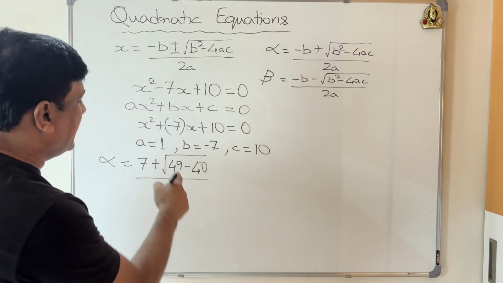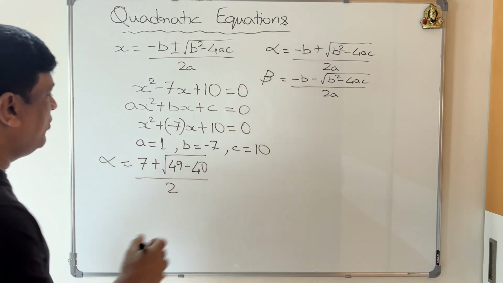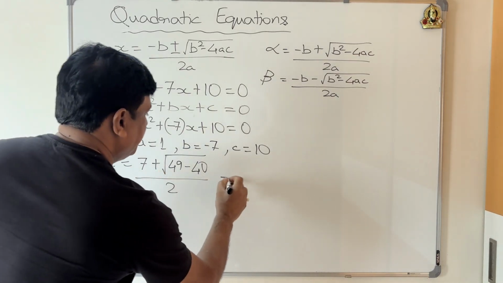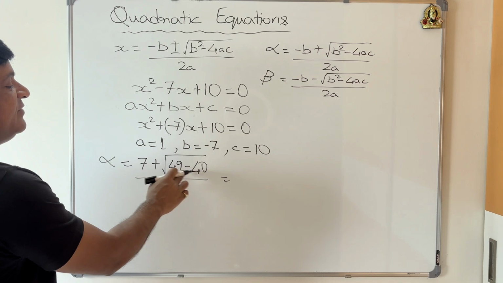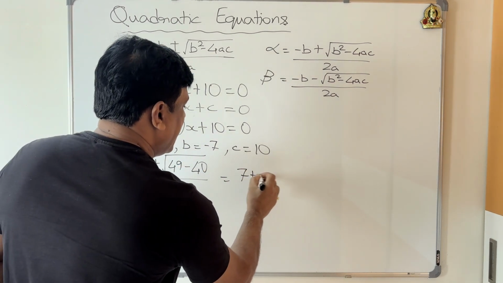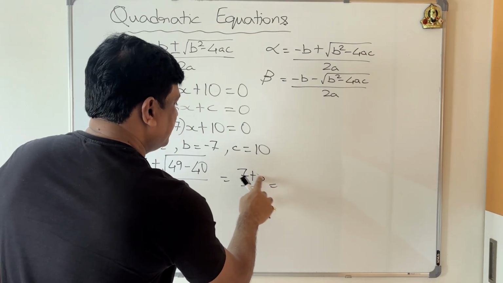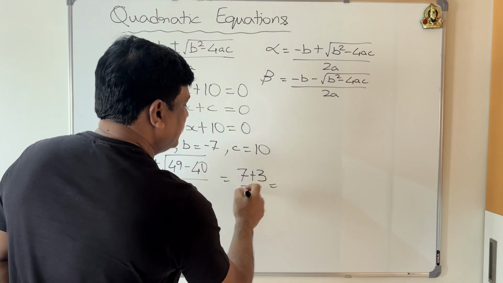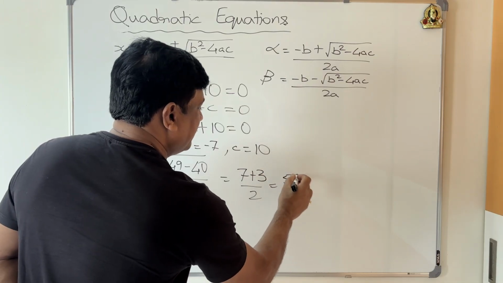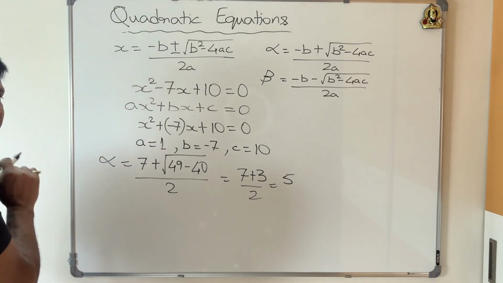And 2 times a, which is 2 times 1, it is 2. Now what do you get over here when you solve this? 49 minus 40 is 9. Root over 9 is 3. So you get 7 plus 3 divided by 2, which is 5. You got the first value, right? That is what we got when we factorized that problem.